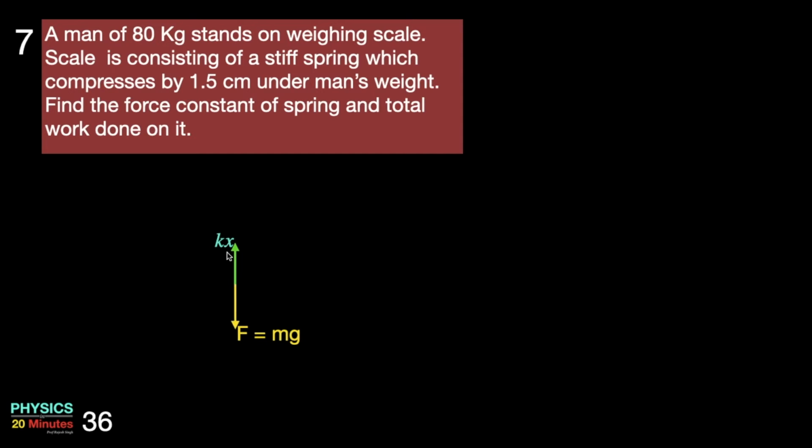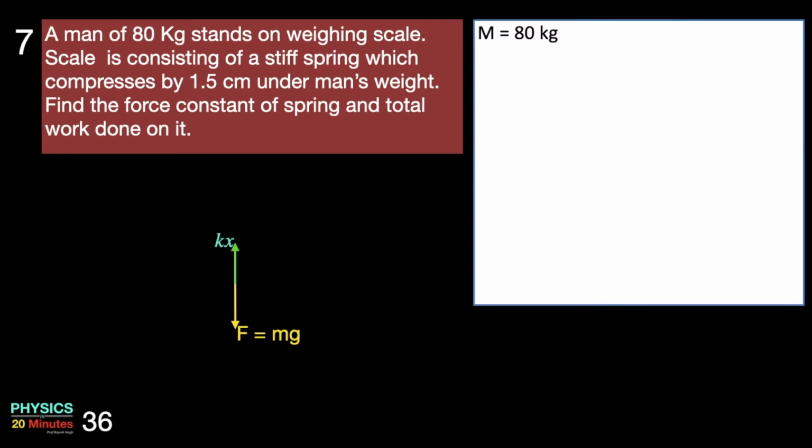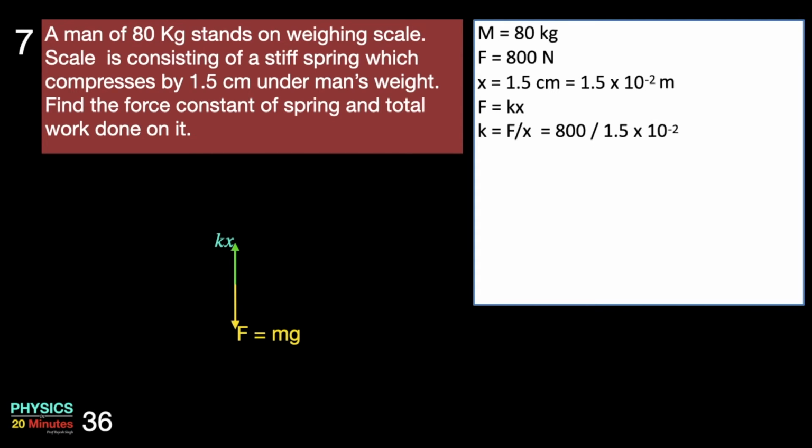So F is equal to kx for a spring. Mass is 80 kg, force is 800 Newton, and x is 1.5 into 10 power minus 2 meter. So F is equal to kx, and k is equal to F upon x, which gives me the spring constant 5.33 into 10 power 4 Newton per meter.